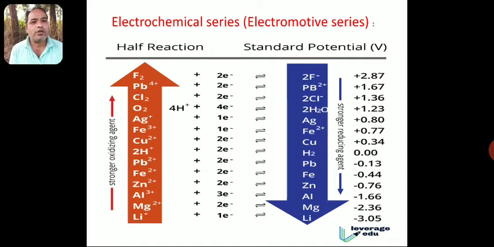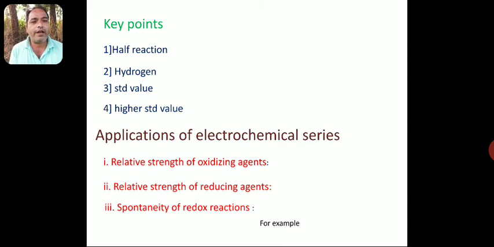So there is one species which is eager to donate the electron and the other one is eager to accept the electron. So we can find out the relative strength of the oxidizing agent, that means a species which forces another species to get oxidized.